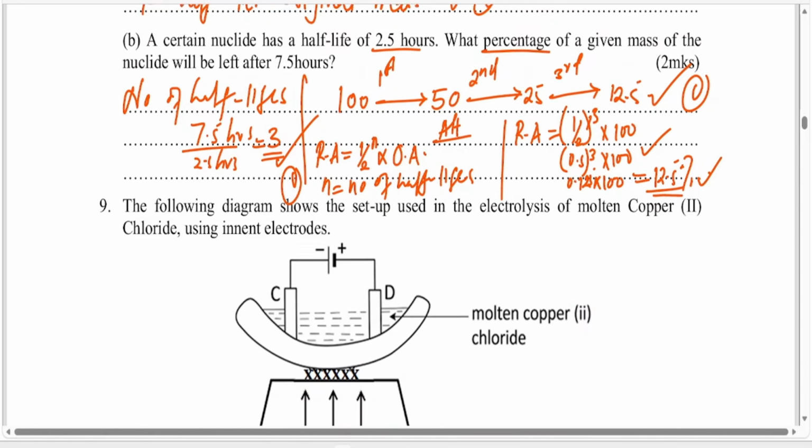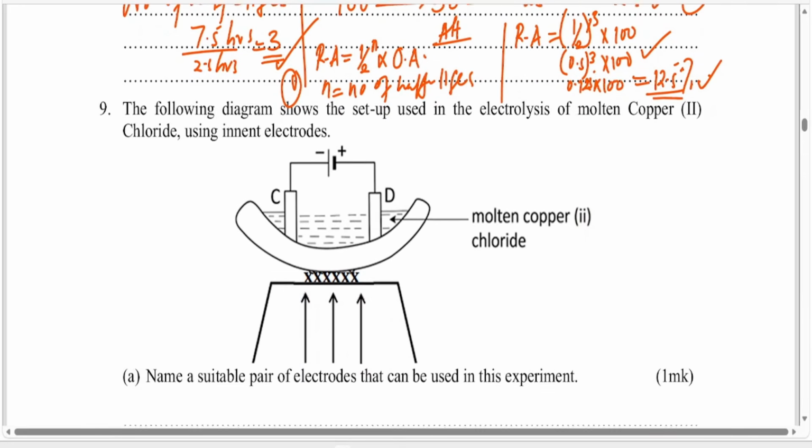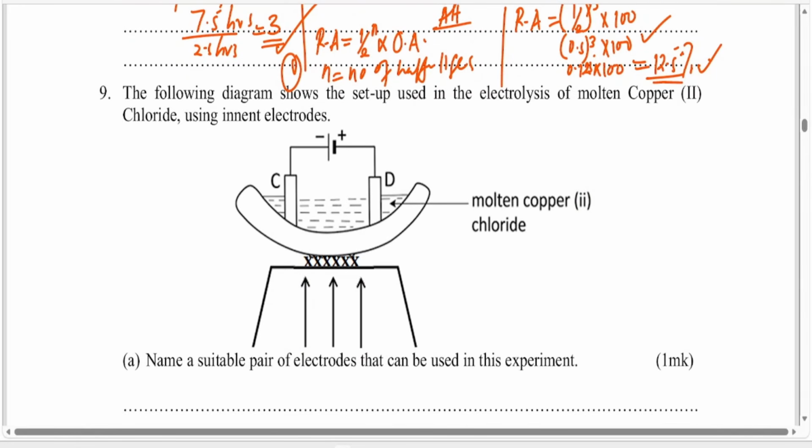The following diagram shows the setup used in the electrolysis of molten copper(II) chloride using inert electrodes.